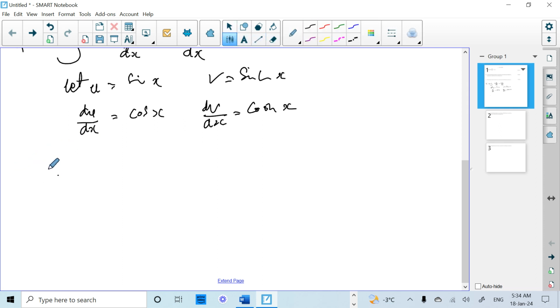So therefore I can say dy/dx is equal to u, which is sin x, dv/dx, which is cosh x, and plus v, which is sinh x, du/dx, which is cos x. And that's your first derivative.